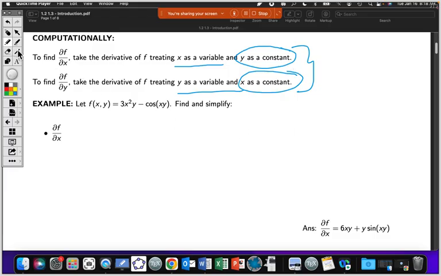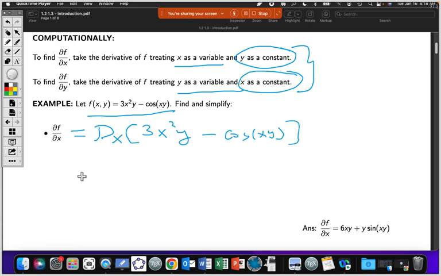So let's take a look at this function here, f of x, y. It's a function of two variables. So you want to take the partial of f with respect to x. That means we're going to take the derivative with respect to x. We're going to just treat y as we would any other constant. And all of the properties of derivatives still apply. So your sum and difference rule, your product rule, your chain rule, all that stuff carries over.